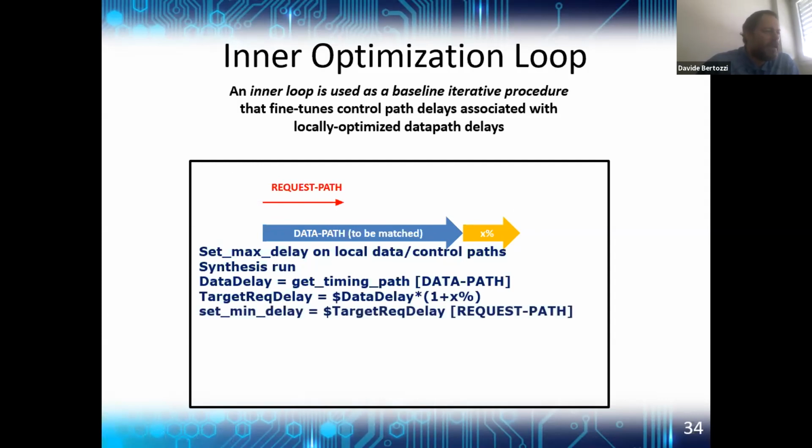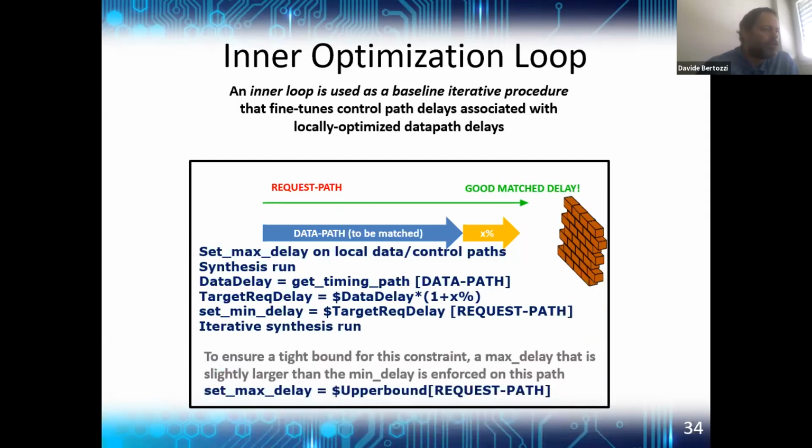And then we run an iterative synthesis run, and this continues until we have a good matched delay that fulfills the relative timing constraint. In order to gain tight control over the relative timing margin, we also set a maximum delay constraint for the request signal, and this is done at the same time, in parallel with the fulfillment of the minimum delay constraint.